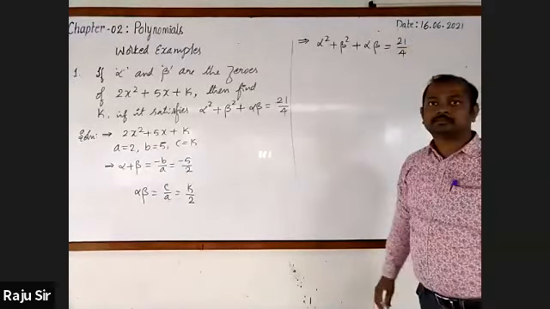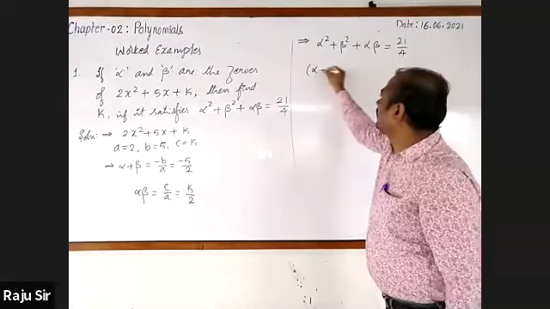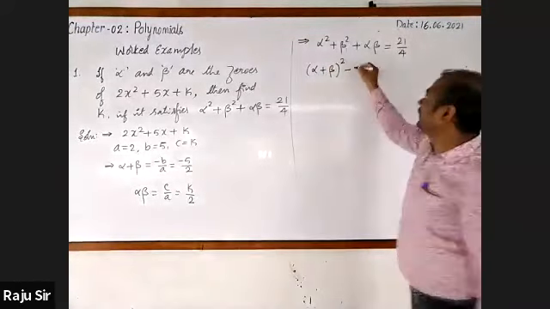Dear students, you all know that alpha square plus beta square can be written as alpha plus beta whole square minus 2 alpha beta, right? And the remaining 1 alpha beta I write as it is. This is equal to 21 by 4.